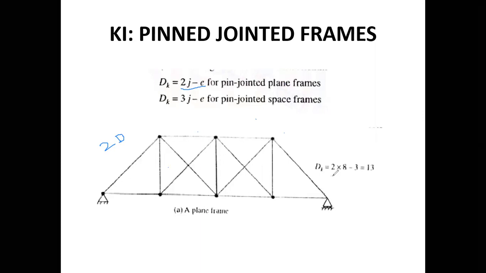So it is 2 multiplied by 8, minus 3. 3 is what? It is the number of internal reactions. The number of reactions here is 2 at this end and 1 at this end. So 2 multiplied by 8 is 16. 16 minus 3 is 13. So the degree of kinematic indeterminacy in this case is 13.